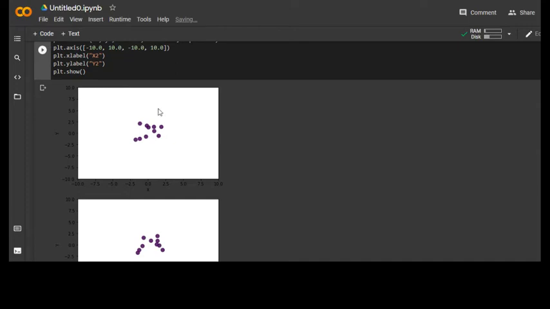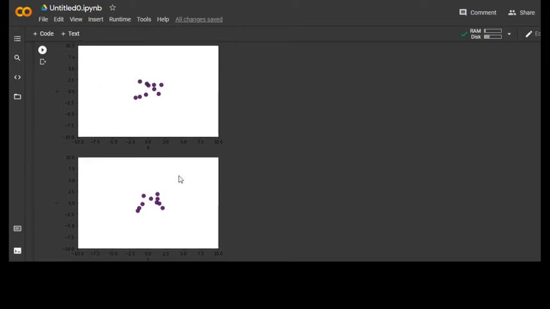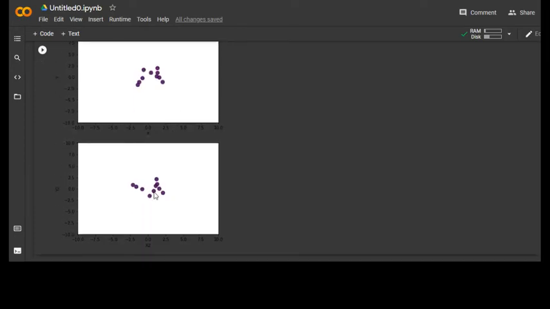The top part is random error, and the middle section is showing us the transpose, so it's flipping along the diagonal. The bottom part is showing the orthonormal matrix multiplied by the randomly generated error points.